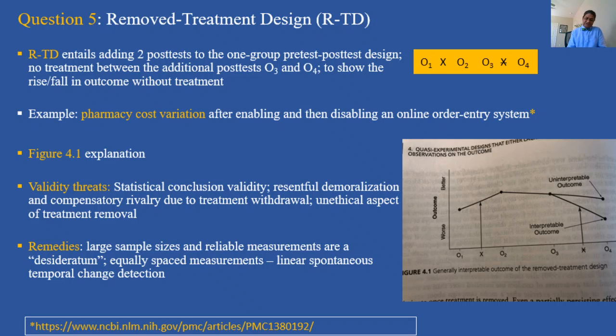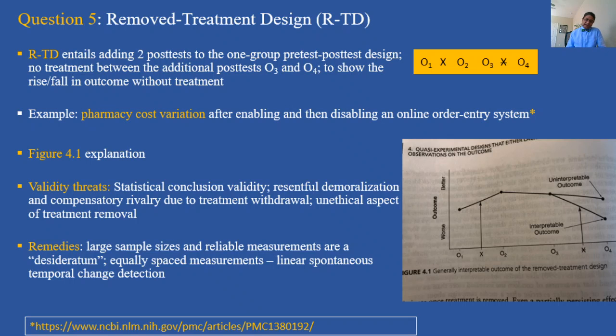So there will be a threat to statistical conclusion validity. Now, threats mimicking resentful demoralization and compensatory rivalry owing to removal of the treatment can also happen. But the most important aspect of this, not a threat actually, is the unethical element of removing a treatment in a study. In most studies, especially clinical trials, removal of treatment will be very unethical.